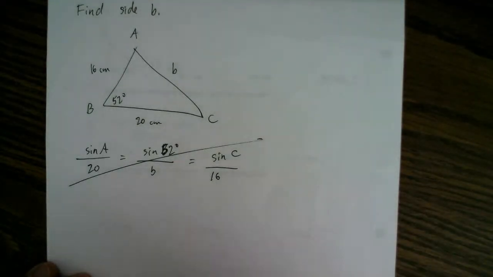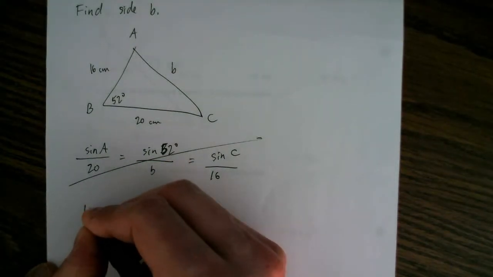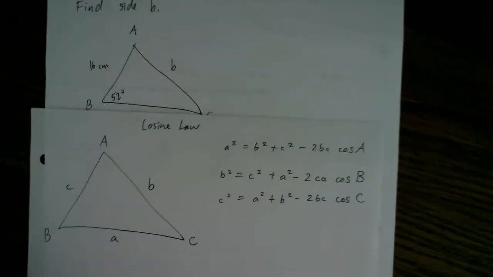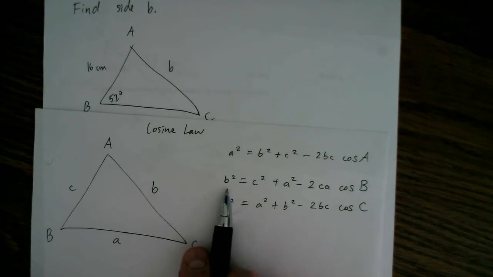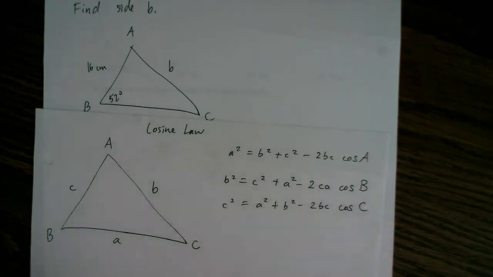Okay, so we want to find side B. So according to the cosine law, if we want to find side B, we can use this formula.